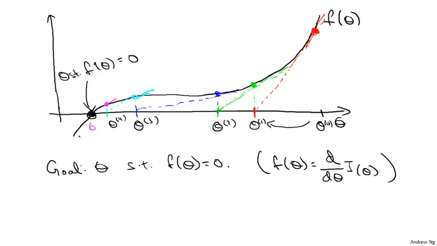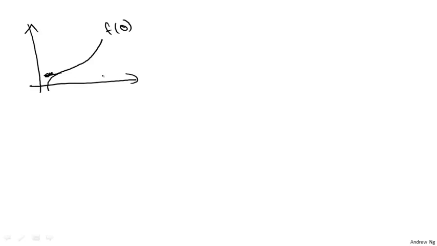Let's go ahead and work out the details of the algorithm for one iteration of Newton's method. In particular, given theta 0, how do you go from theta 0 to theta 1? So let me redraw a simplified picture here. Let's say this is f of theta, and this is theta 0.